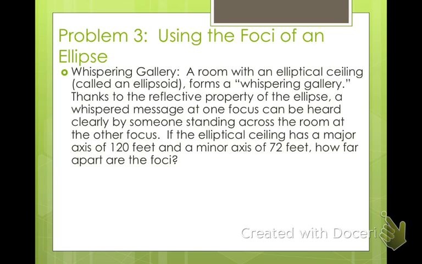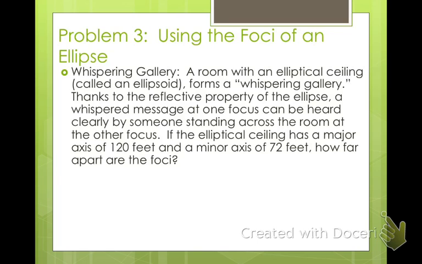Some of the people from the Confederate Army were whispering to each other about plans that they had, and they happened to be at a focal point of this ellipsoid shaped ceiling. And another member across the room, who was actually on the Yankee side, could hear what they were planning because he was at the other focal point. So, a little bit of interesting history fact.